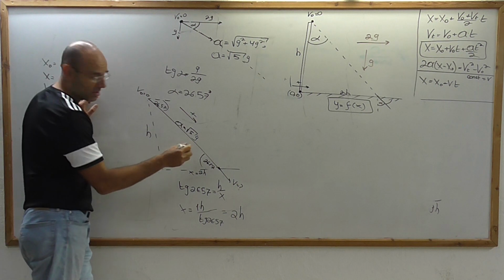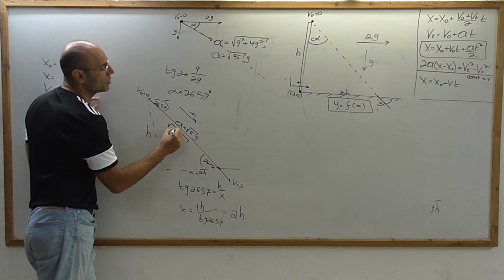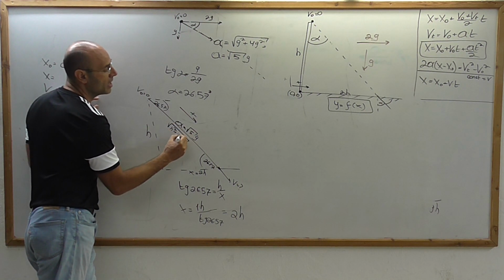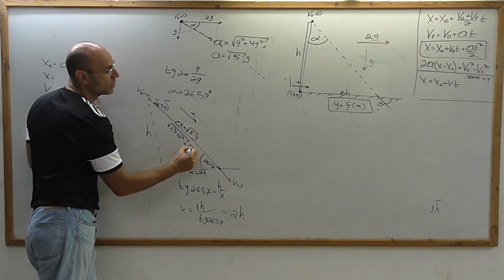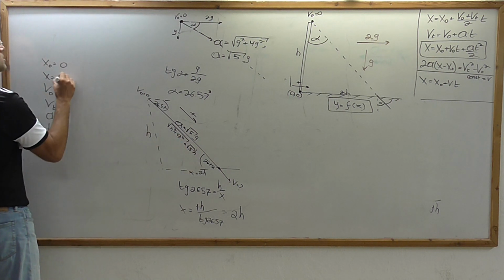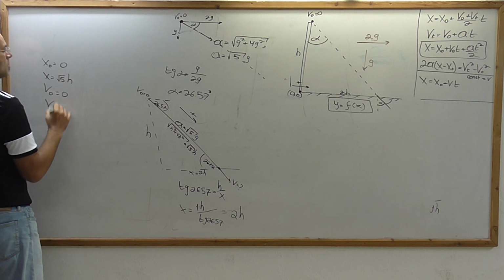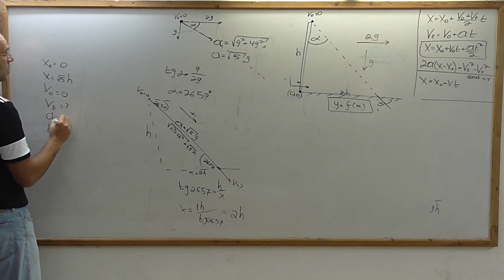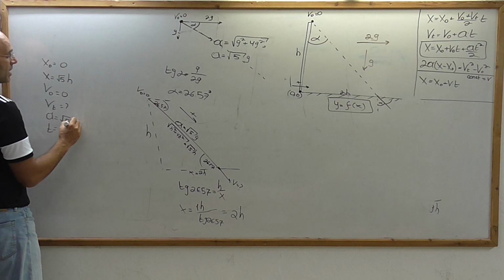If we do the Pythagorean theorem, we get square root of h squared plus 4h squared, which is square root of 5h. v0 is 0, v final is what we want. Acceleration is square root of 5g.